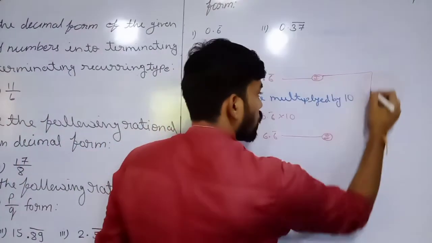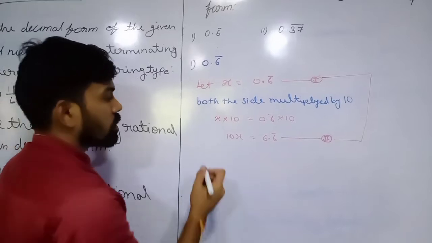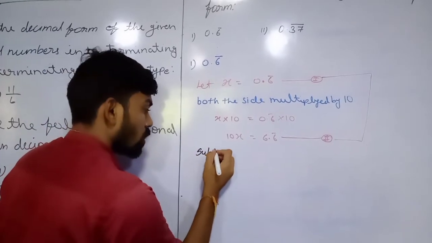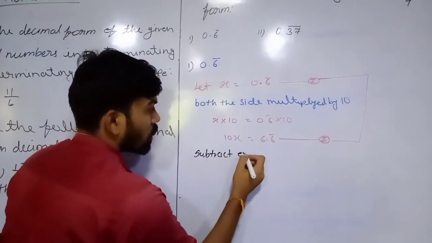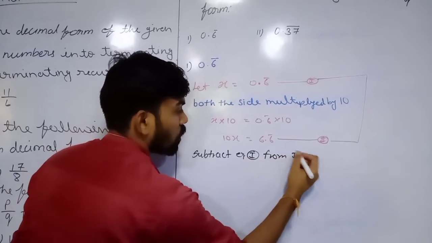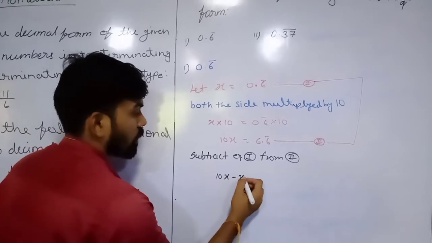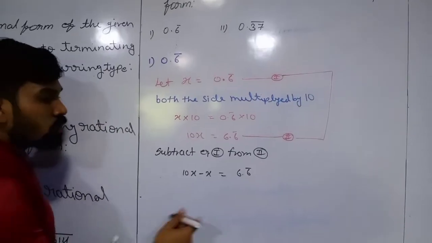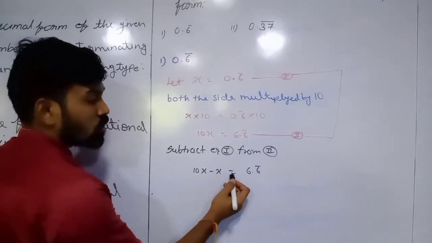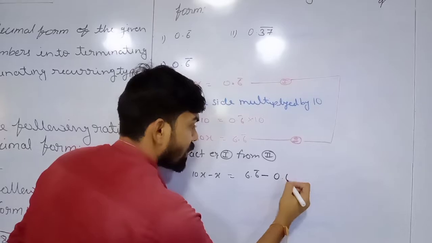Now we have to compare these two. The next step, subtract equation number 1 from equation number 2. So 10x minus x is equal to 6.6 bar minus 0.6 bar.